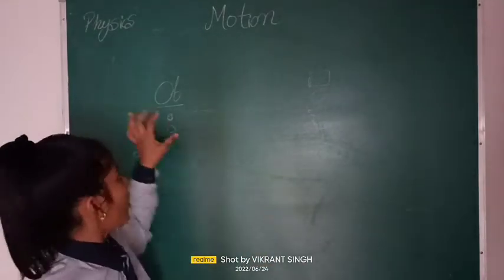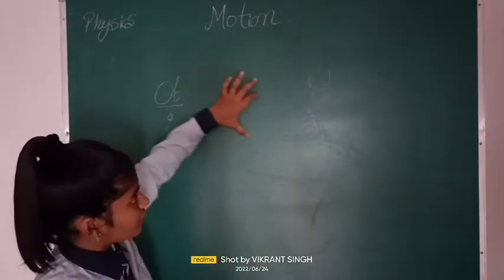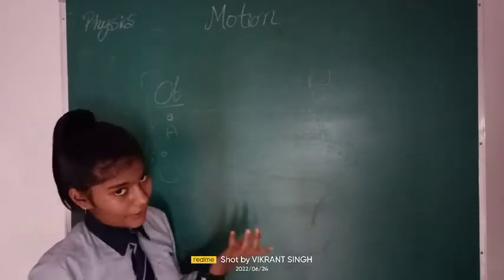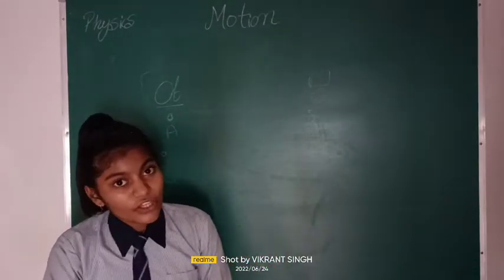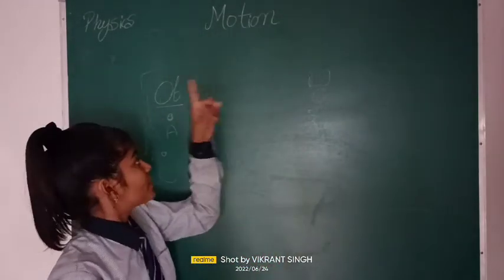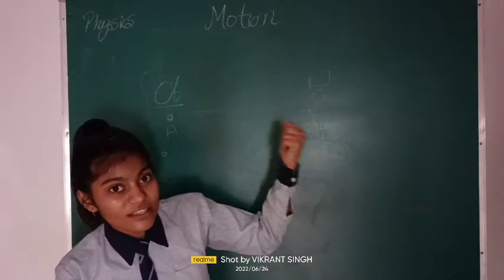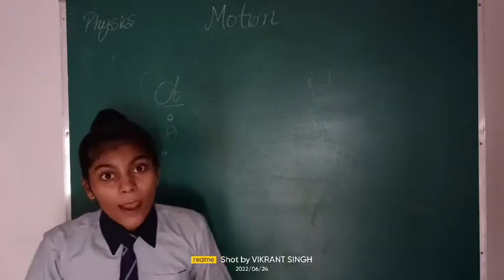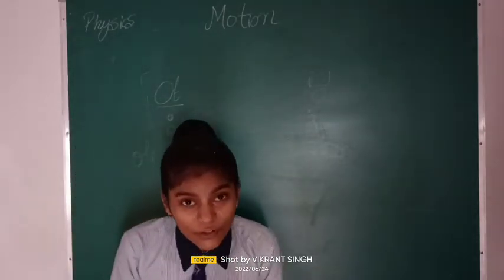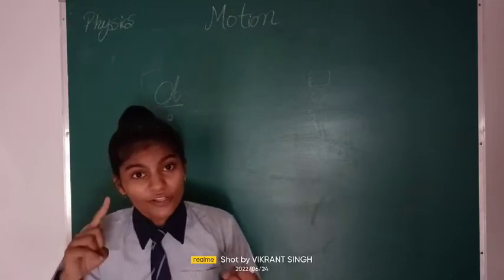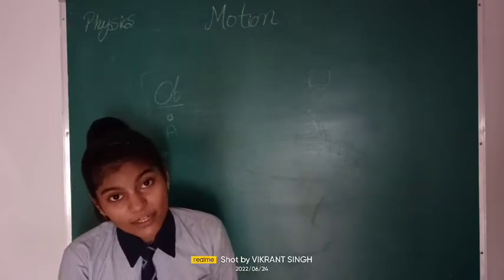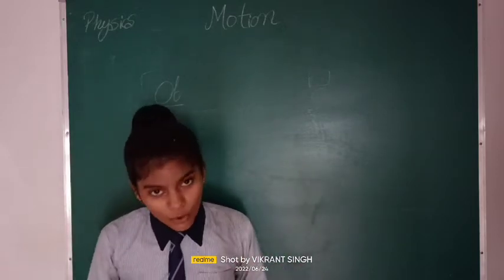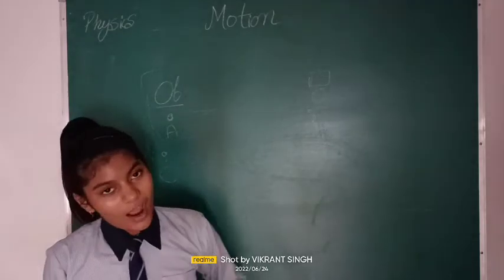Let's suppose observer A is sitting in a car or a train. Observer A is moving, so the distance between the object and observer A is changing, but for observer C the distance is not changing. Means motion and rest are relative terms. For the same time and same object, there could be different arguments that the object is in motion or at rest. That's why motion and rest are relative terms.